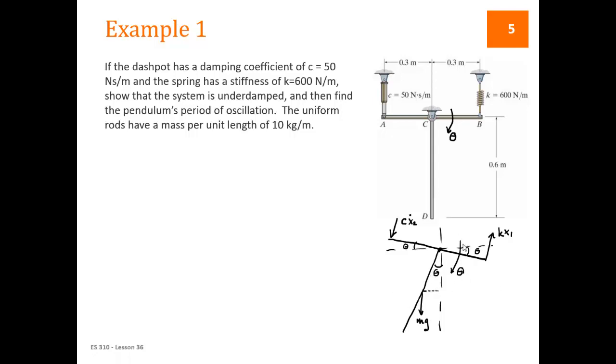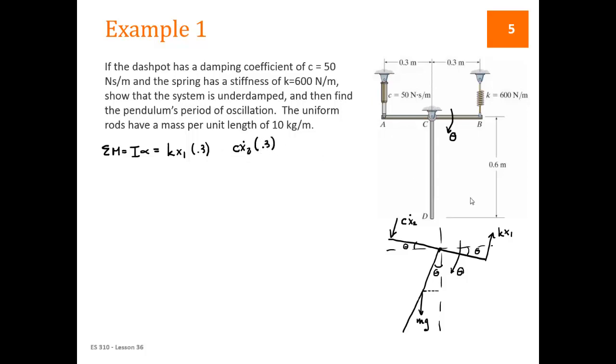So we're looking at rotation, so we're going to use the sum of moments is equal to I alpha. And so the moments caused by these three forces are, we've got kx1 times the distance, which is 0.3. We've got cx2 dot times the distance, which is 0.3.